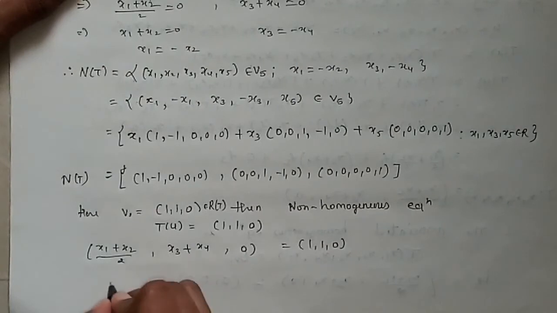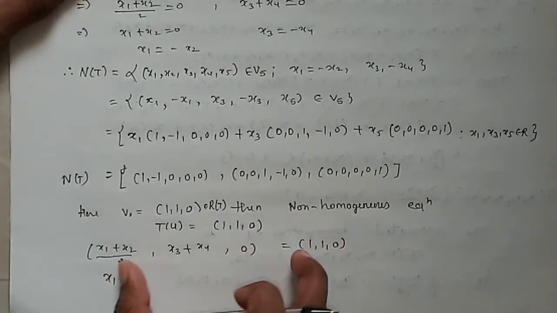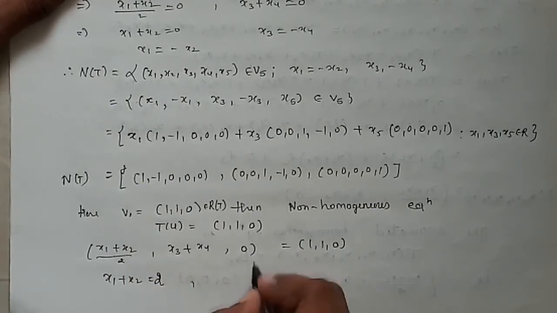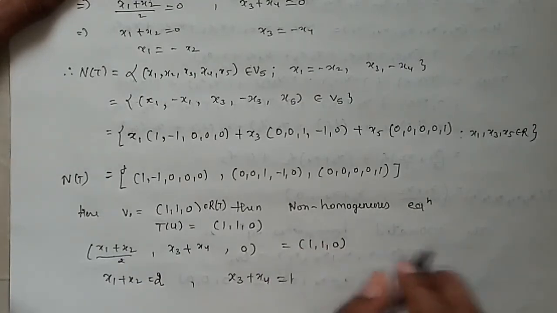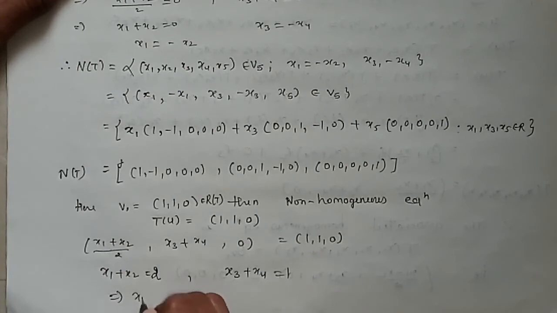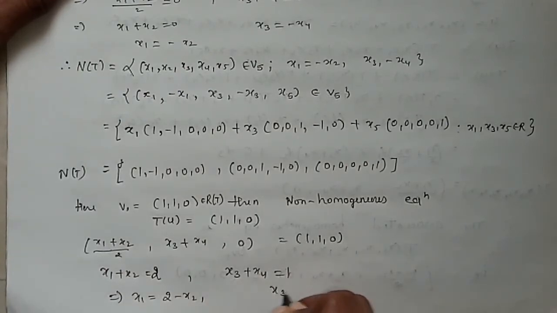So from here, on comparing both sides, I will get x1 plus x2 equal to 1 into 2, which is 2. My second equation is x3 plus x4 equal to 1, and 0 remains as it is. From this I can say that x1 is 2 minus x2, and x3 is 1 minus x4.